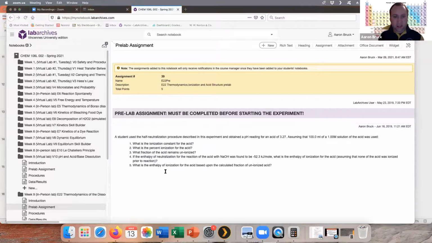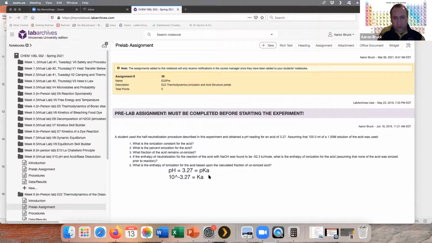So this pH of 3.27 is also equal to the pKa for this acid. So 10 to the negative 3.27 would give you the Ka for that. That's the acid constant. That's what we want for number 1.